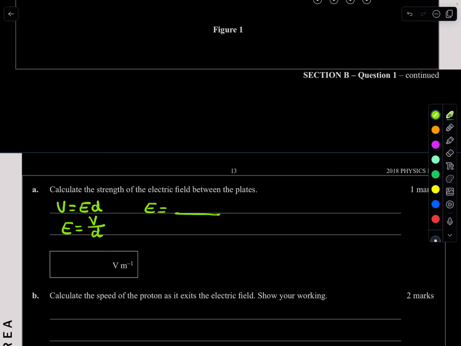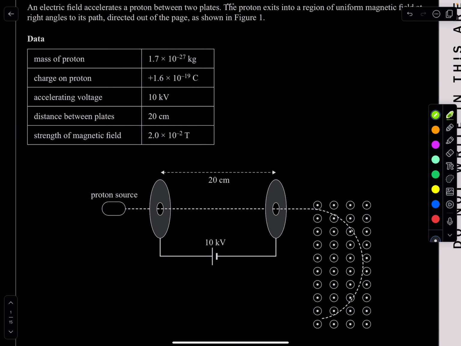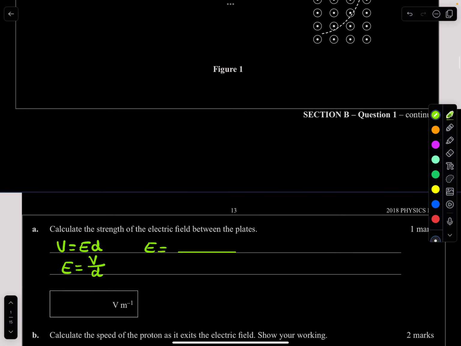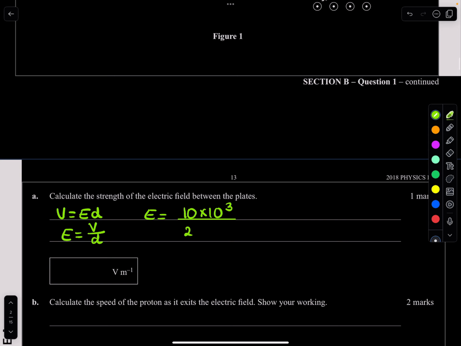So, V is equal to, what's our voltage? Our voltage, in this case, is 10 kilovolts. So, that's 10 times 10 to the power of 3 to make it volts, divided by its distance, which is 20 centimeters, which is just 20 times 10 to the negative 2 to convert it to meters. And so putting this in your calculator, we get 50,000.